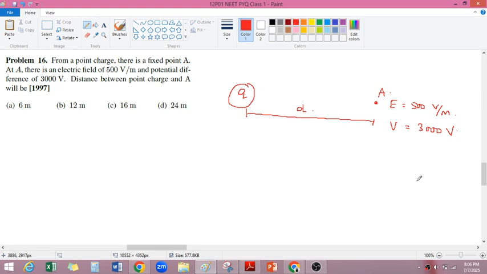Voltage is 3000. So which formula comes to your mind? Point charge means E is equal to kq by r squared. So instead of d, you can call this as r. V is equal to kq by r. So simplify, substitute the values, you'll get the answer.